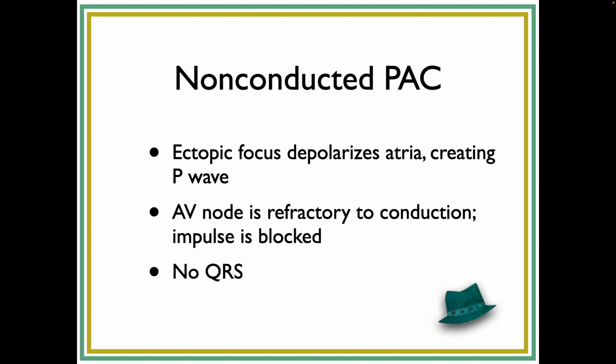But maybe because it comes in so prematurely, the AV node is still refractory. So the impulse comes down through the atria, causing a P wave, but it dies when it gets to the AV node, so there's no QRS. It's blocked, so you're going to have just a little orphan premature P wave. It comes in early, but it's not followed by a QRS.